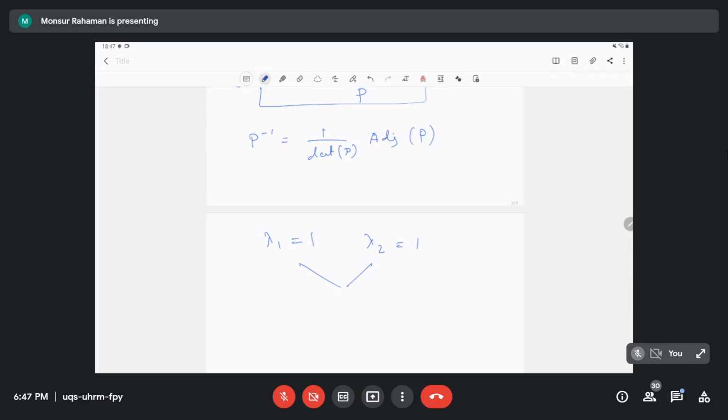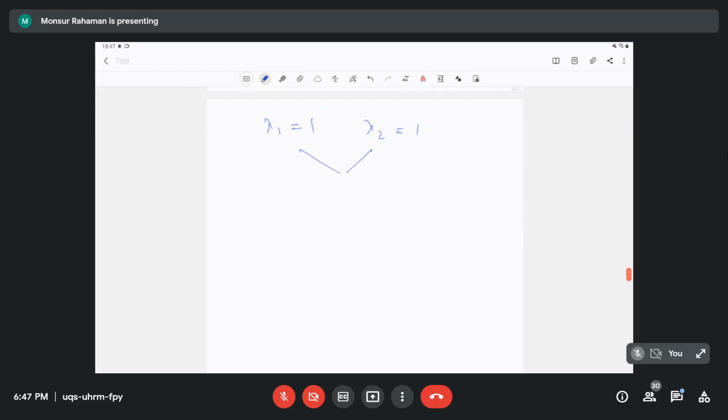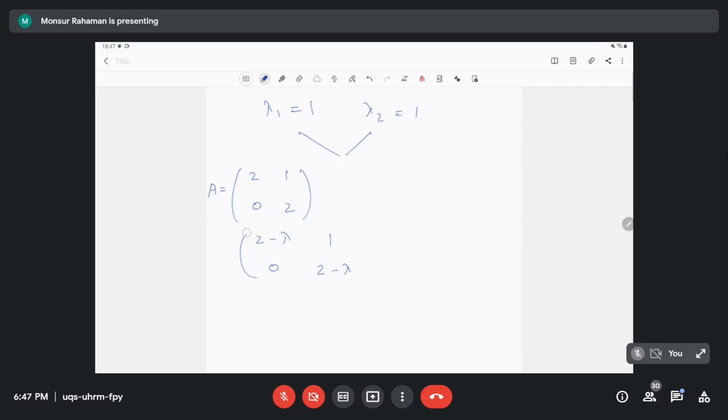For example, take a simple matrix, 2, 1, 0, 2. This is not a diagonalizable matrix. So what will the characteristic equation be? 2 minus lambda, 1, 0, 2 minus lambda, and its determinant equals 0.